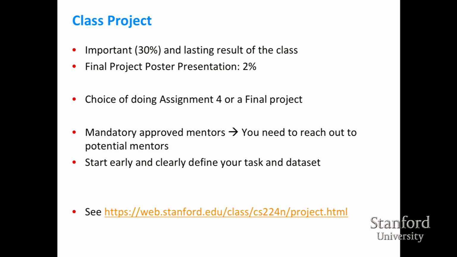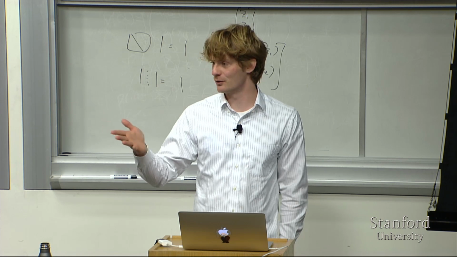Some projects might be too large in scope or too small in scope, and so on. So do check with the TAs whether the project is the right thing for you. If you decide to do a project, you really have to start early. Ideally, you will start meeting me today, or at the latest next week or in 2 weeks, or the other TAs.